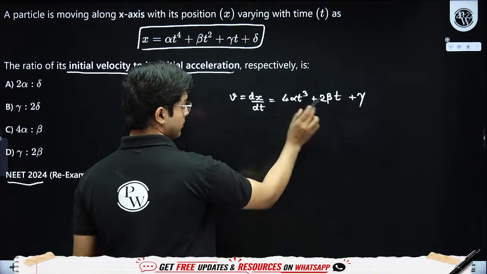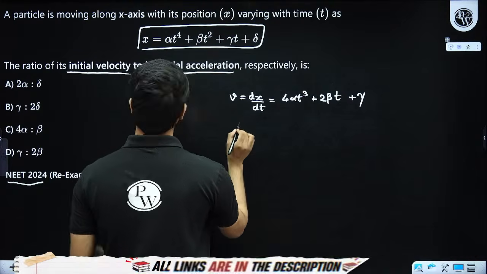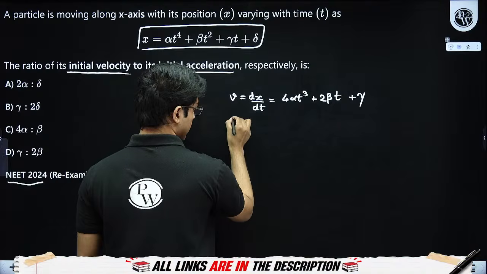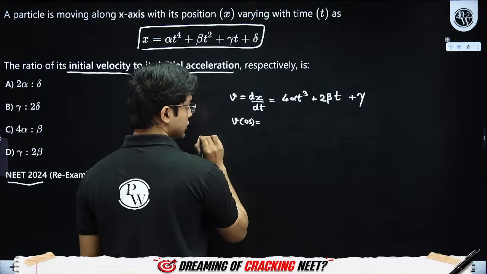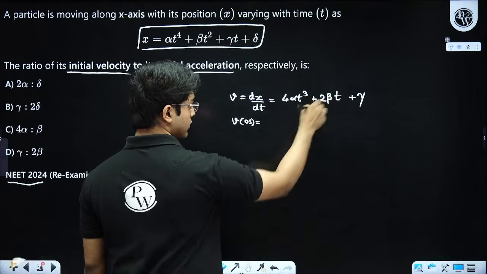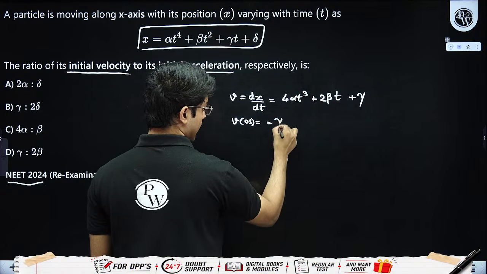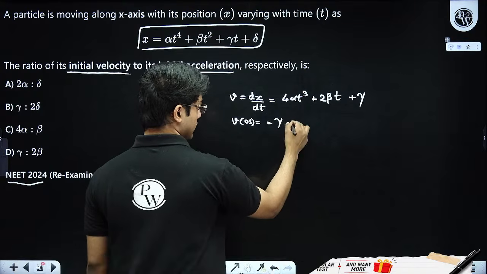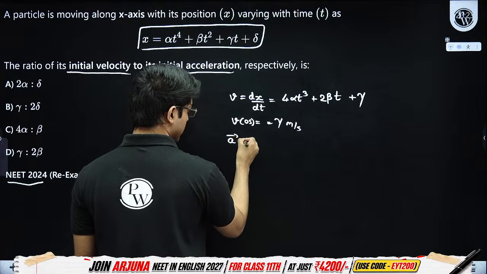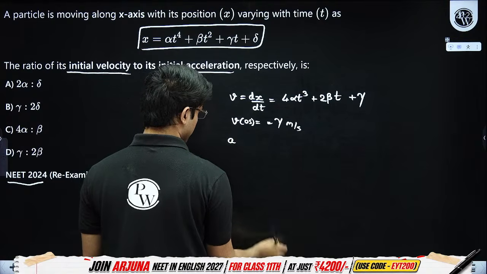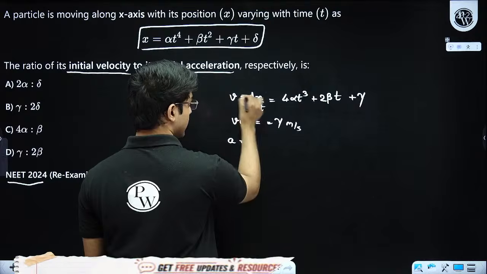This is the velocity. Now, initial velocity is what is being asked. That is velocity at 0 seconds, right? This is the initial velocity. So, if you put t equal to 0, you get gamma. Gamma is what you get. This is initial velocity. Now, for acceleration, we'll differentiate it once more. We'll differentiate velocity.